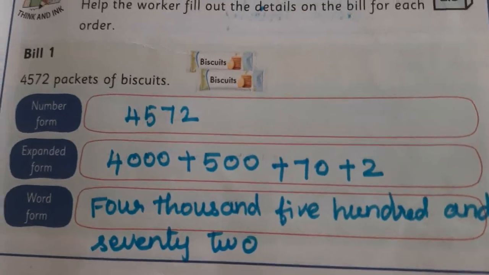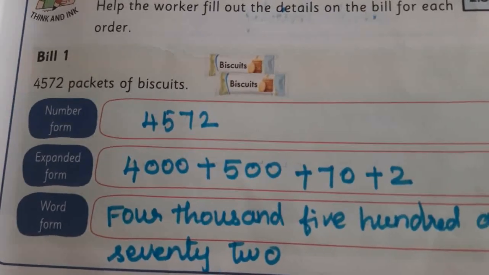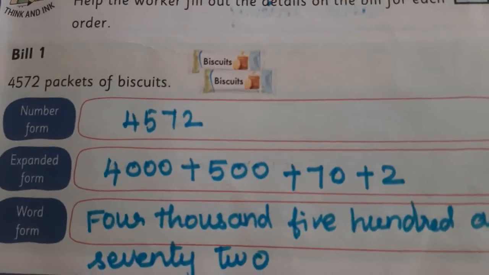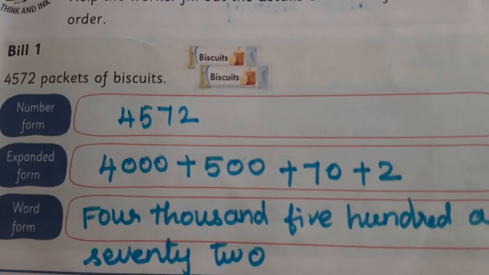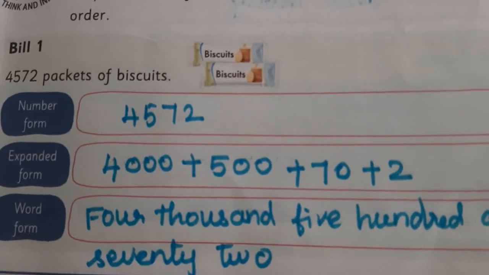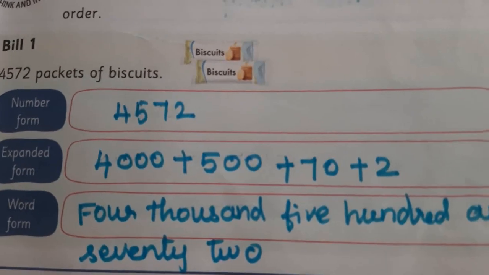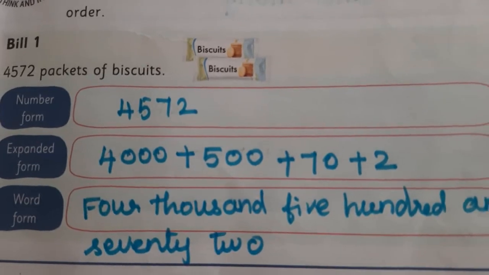Next activity, it's a very important activity. If we give any 4-digit number, you can represent the number in different forms. What are the forms? Number form, expanded form, word form. 2 more formats you also have to learn: spike abacus representation and place value chart.